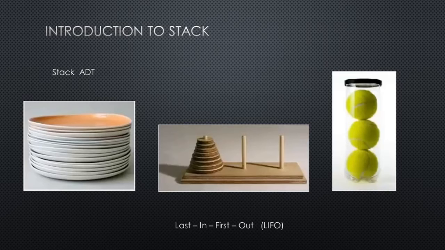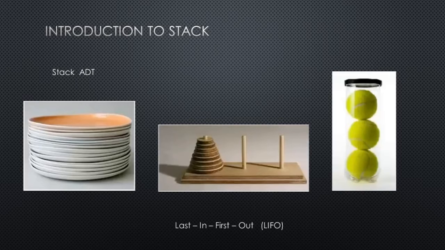In the first example, you will always pick up a dinner plate from the top of the stack, and if you have to put the plate back on the stack, you will always put it on the top of the stack. You can argue that I can slip a plate from the side without removing the plates from the top, though the constraint that I should take it out from the top is not strictly enforced.